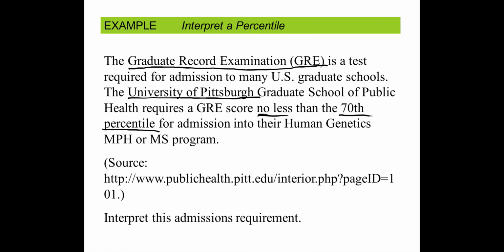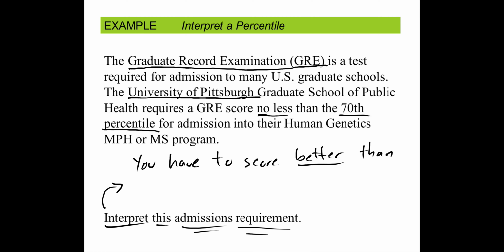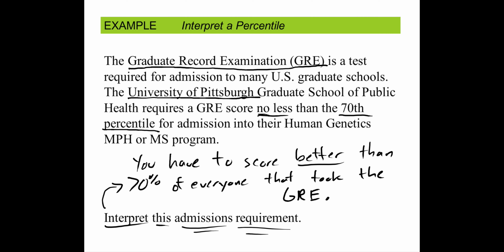They're giving us a source, which is kind of nice. And so it says, interpret this admissions requirement. It requires a GRE score of no less than the 70th percentile. That means you have to score better than 70% of everyone that took the GRE. So that's an interpretation of what this means.